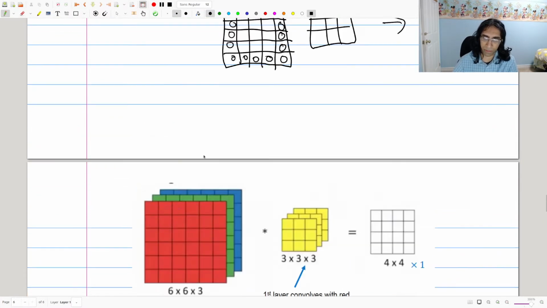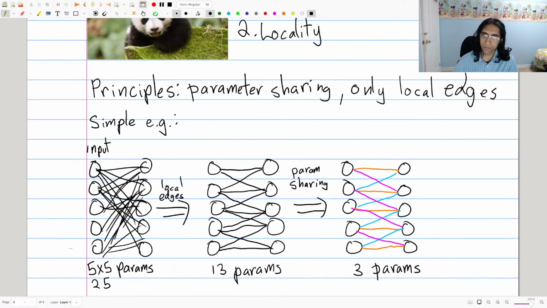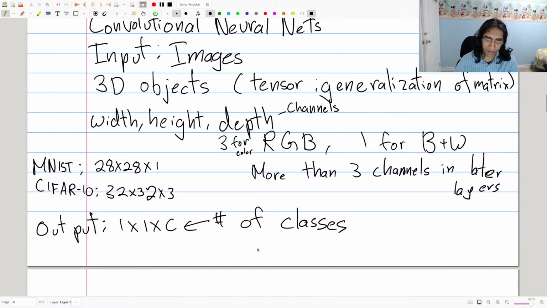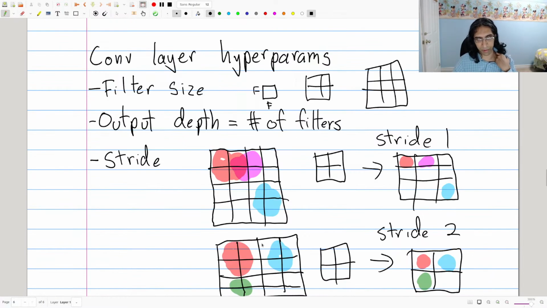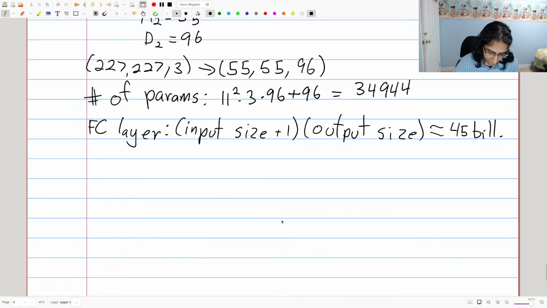Maybe to go to a picture that's more familiar: if you just use this one instead of this one, where you use the same weights on same colored edges, and instead you just did this, then let's do the calculation for how many parameters you would have.